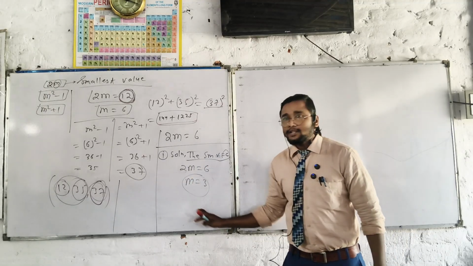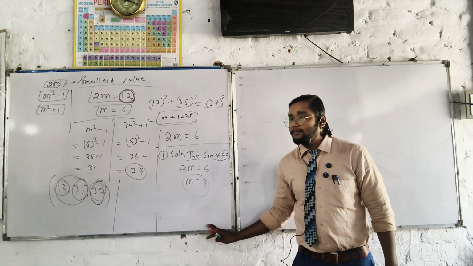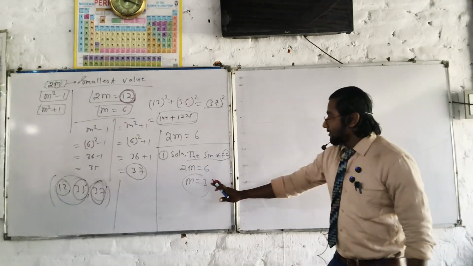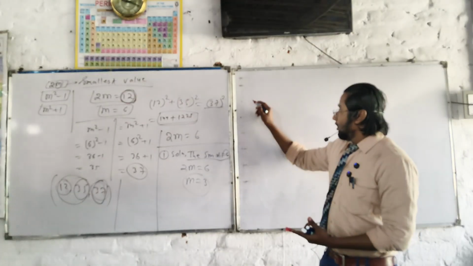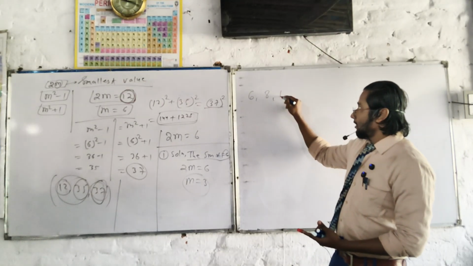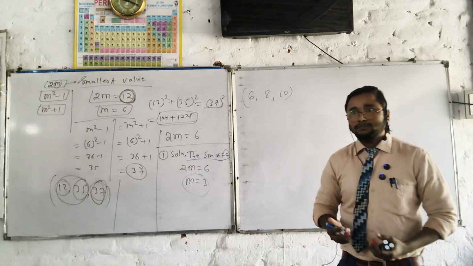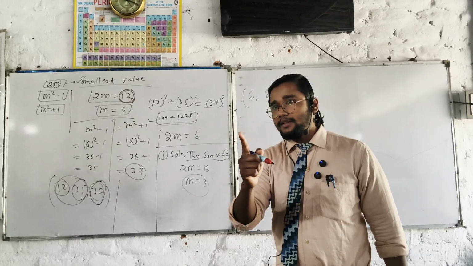Calculate directly. M square minus 1, what do you get? M square plus 1 you'll get 10. So we can say that 6, 8, and 10 are the numbers that will come out.